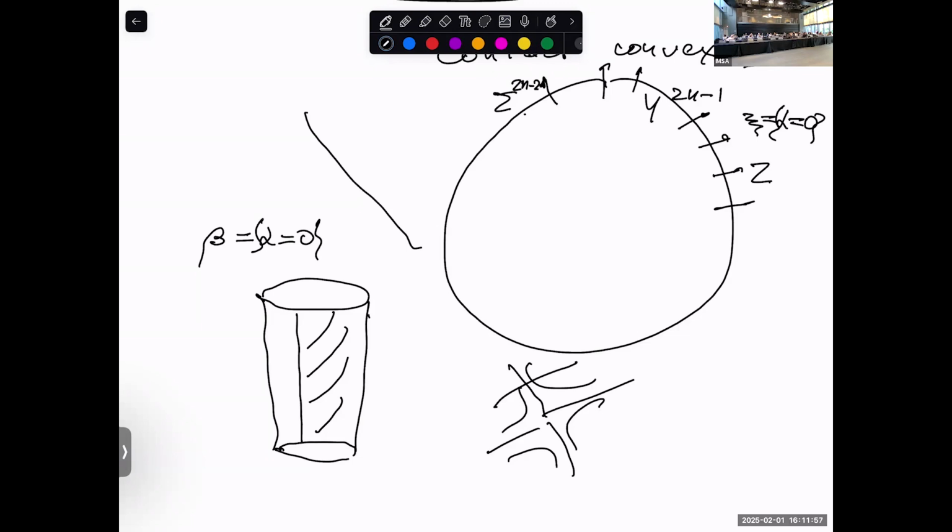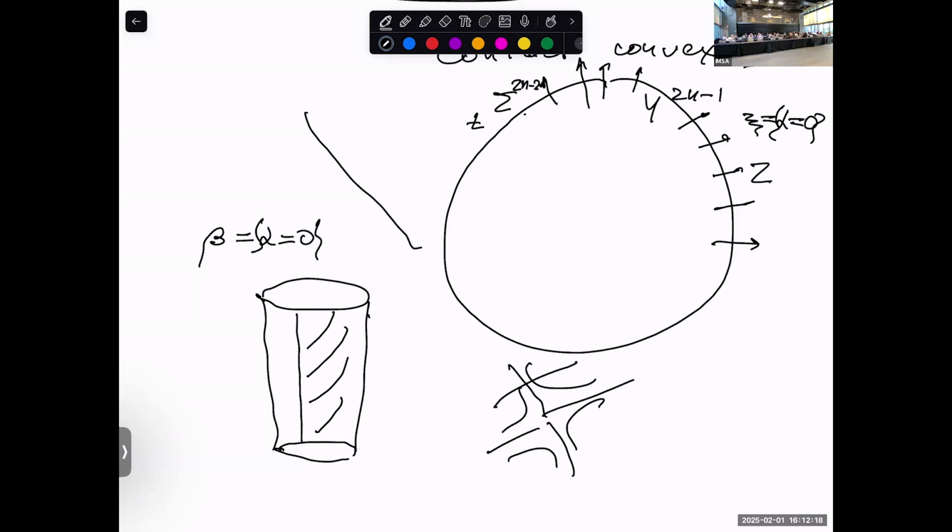Now what does the condition that there exists a transverse Liouville vector field mean? Suppose I choose a coordinate system, let's call it coordinate t, such that t is a flow coordinate along this contact vector field.